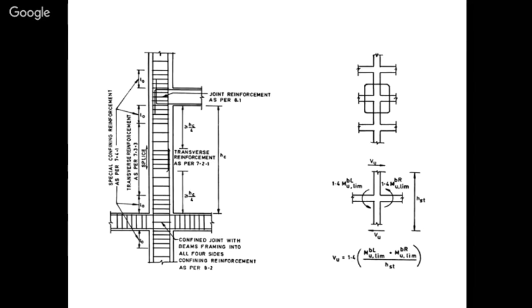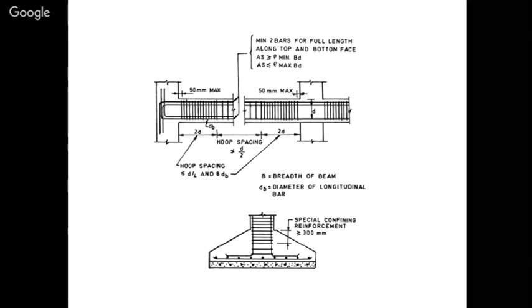If you don't have such closer confinement, we can't confine the core concrete, so the core concrete will fail immediately after the formation of diagonal cracks. That's why our IS code recommends this kind of critical detailing in the joint region, as this is the potential hinge region of the frames.